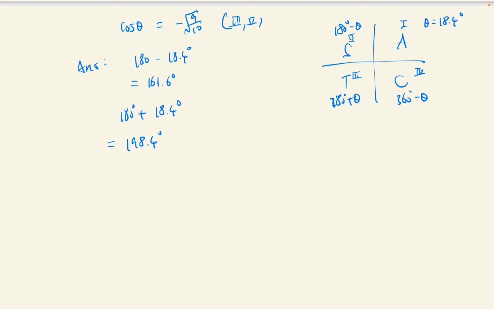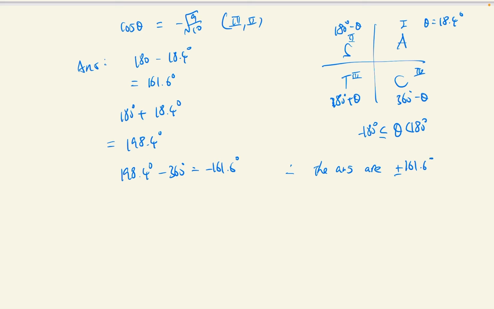But 198.4 is outside the range of theta, because the range is between minus 180 and 180 degrees. So we have to turn it into a negative value, which is minus 161.6 degrees. So the answers are plus or minus 161.6 degrees.